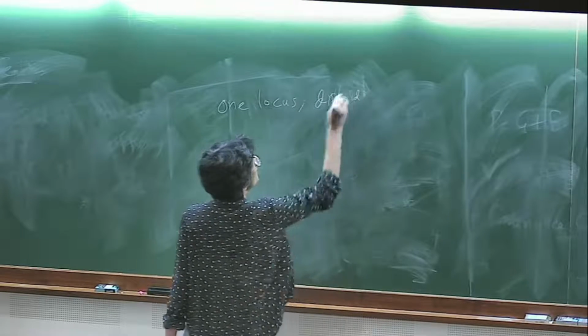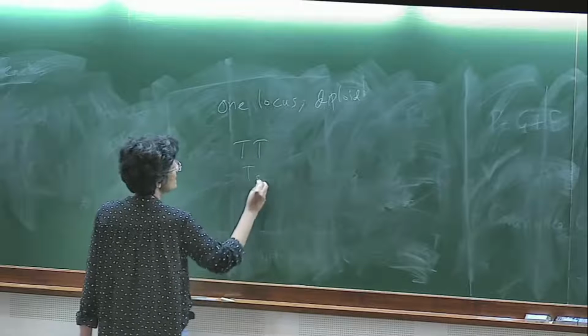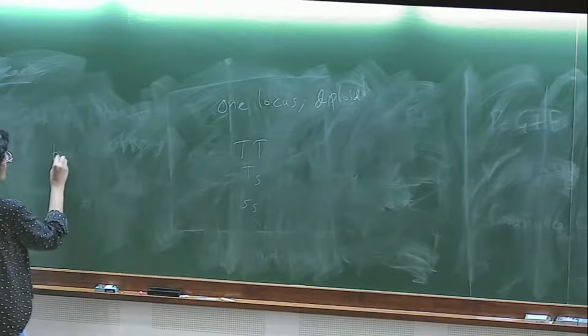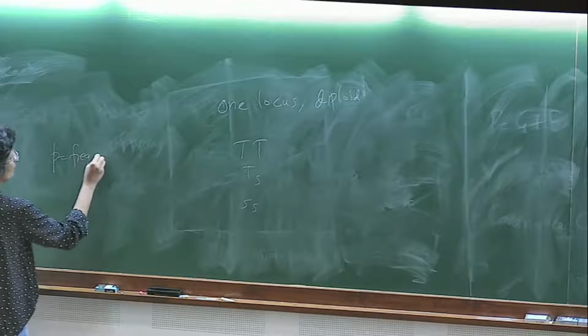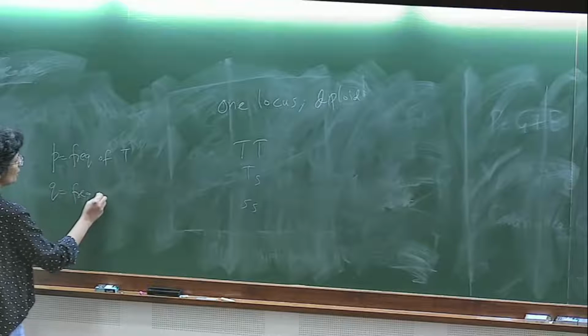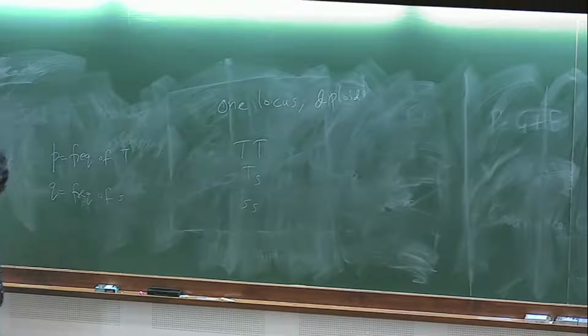So we have TT, TS, SS, right? Let's say the frequency of T is P and Q is the frequency of allele S.